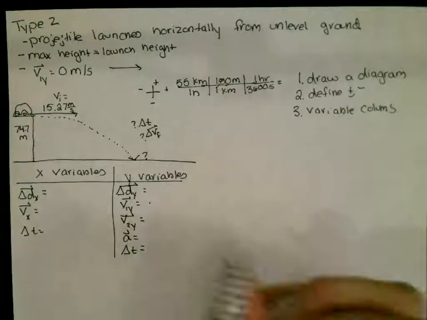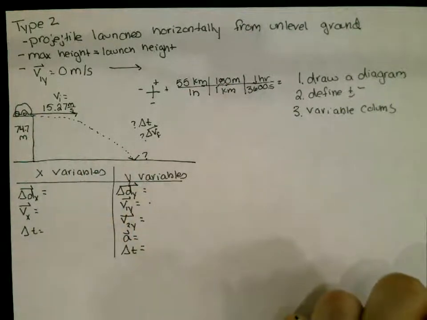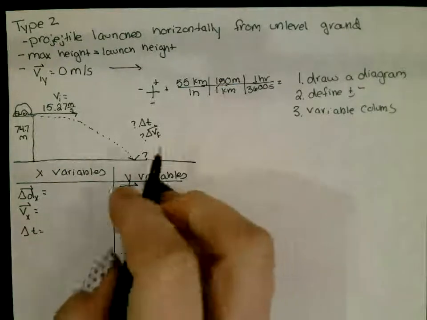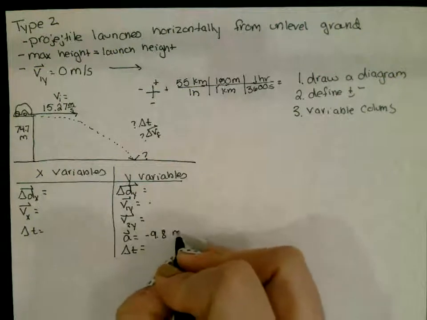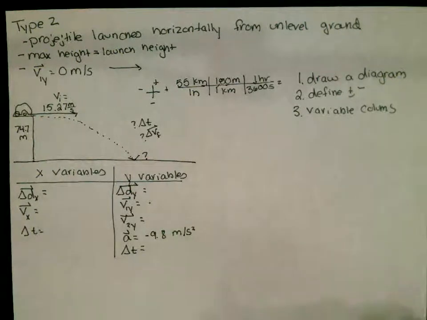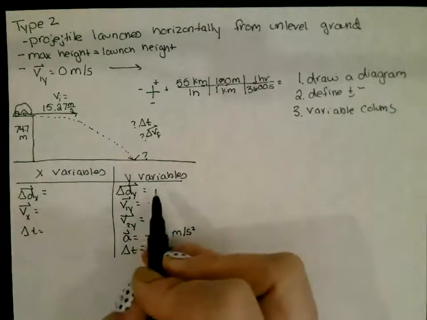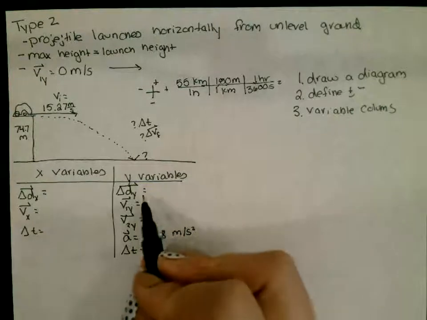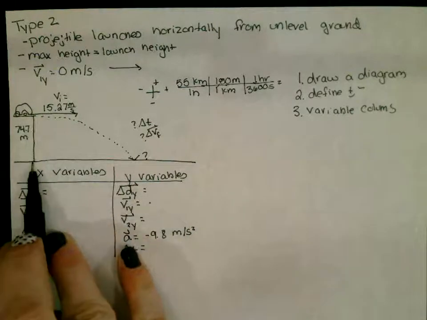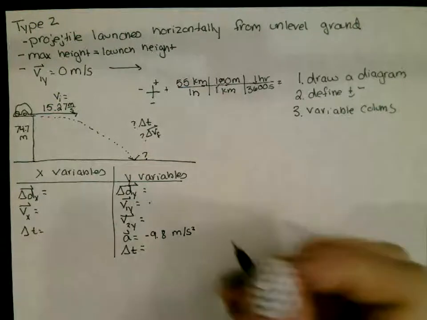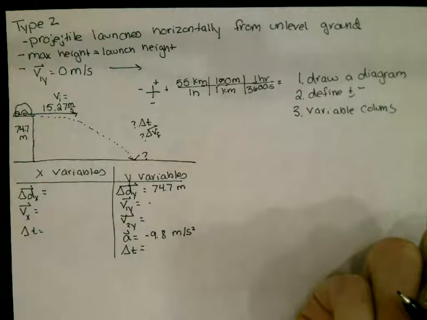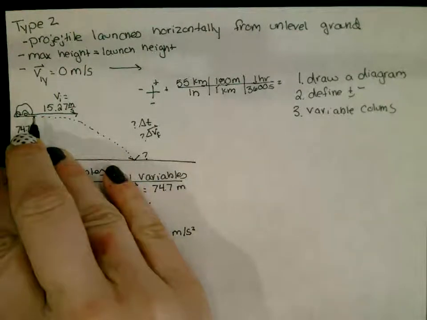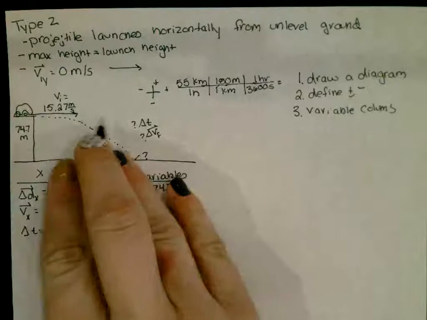I'm going to fill in what I can figure out from what's available on this graph. Acceleration pulls down, so it's going to be negative 9.8 meters per second squared. My displacement on the vertical axis, it's going to fall 74.7 meters. It's not going to ever get any higher than that because it didn't launch upward, it launched outward.